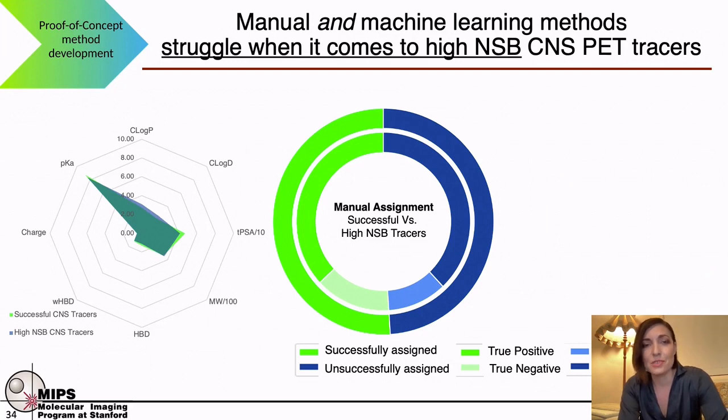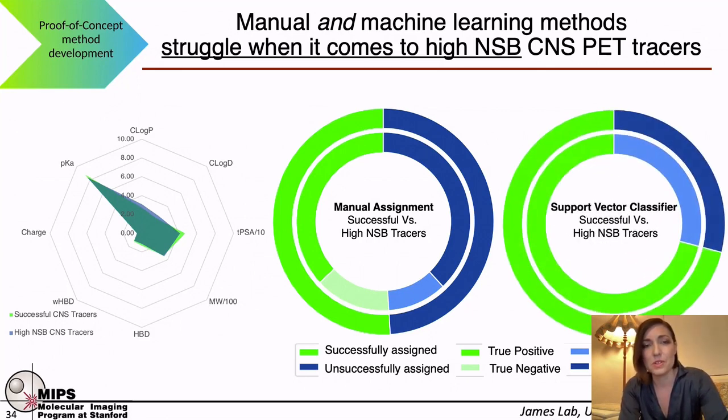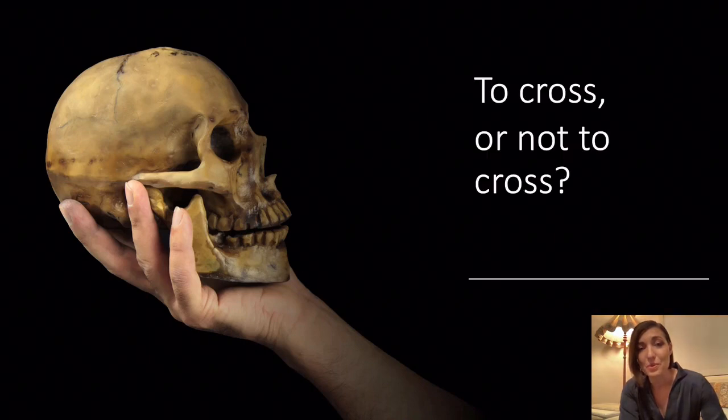We tried to differentiate non-specific binders, so tracers that have failed because they have high non-specific binding, from the positives, but we couldn't. We're not very good at that yet, but that's okay. We're going back to the drawing board on that. But I think we are really good at predicting whether something will cross the BBB or not now with our new tool. And so I think we're ready to answer this question.